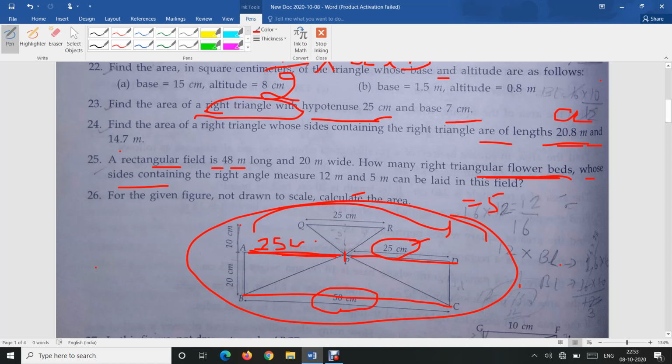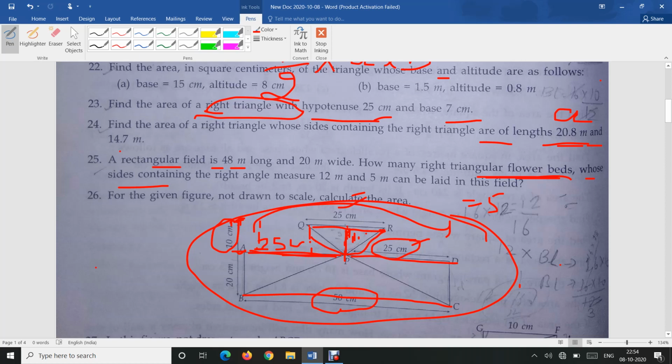Then AP will also be 25 centimeter. One more thing, that from here to here it is given that it is 10 centimeter. That means for here it will also be 10 centimeter, for here it will also be 10 centimeter, and for here it will also be 10 centimeter. Now in this triangle perpendicular is 10 centimeter and base is 25 centimeter.